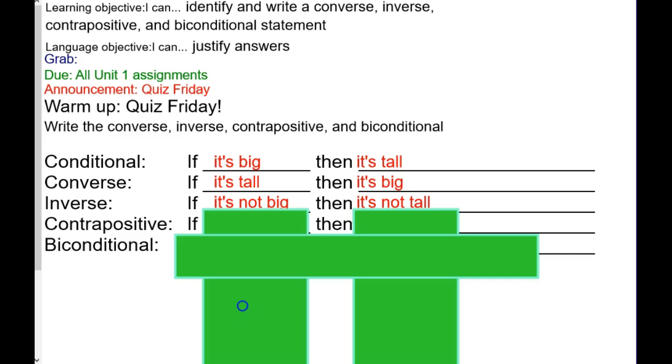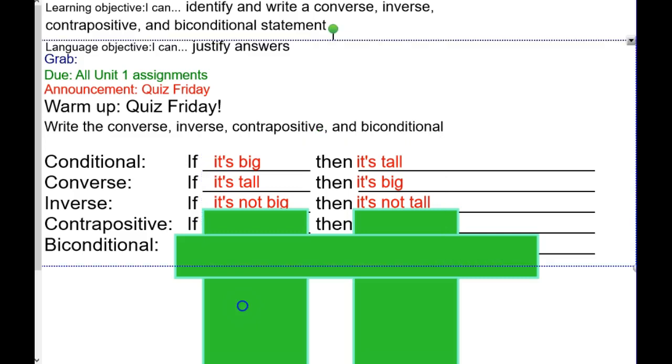Now, contrapositive. What two things happen for a contrapositive? Switch and flip. Meaning, change the order and put not. Okay, so, contrapositive. Again, take this original one at the top.